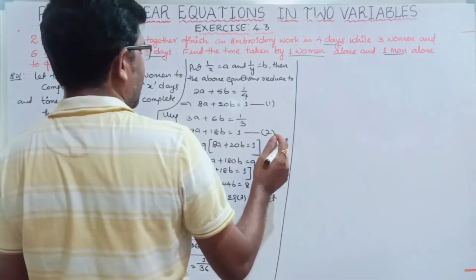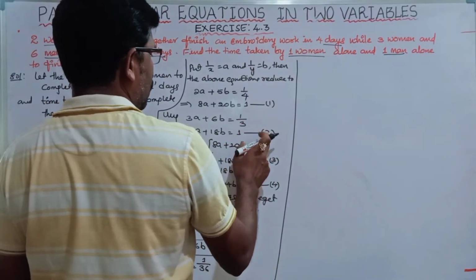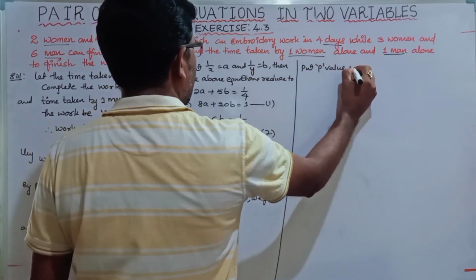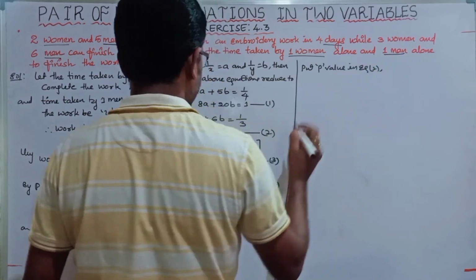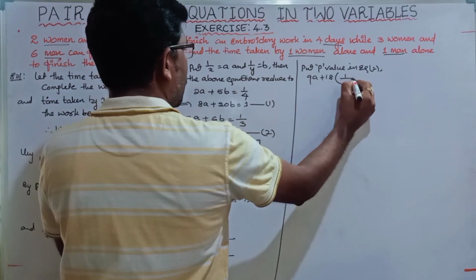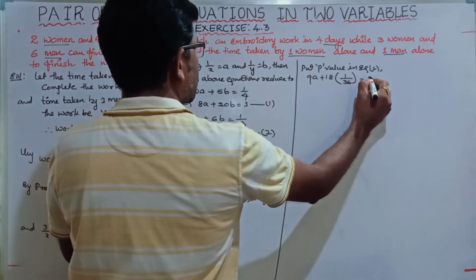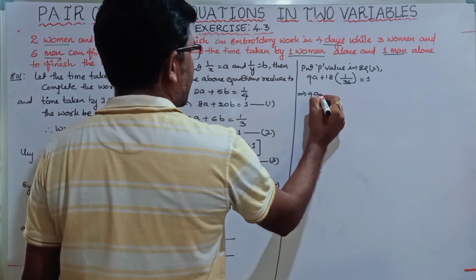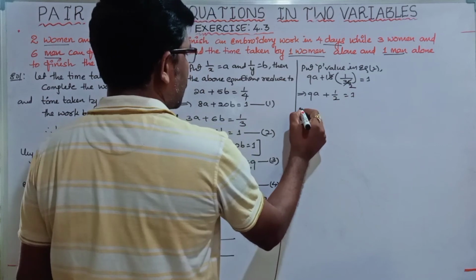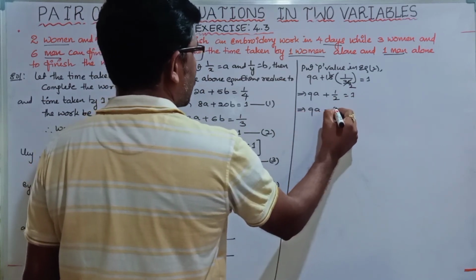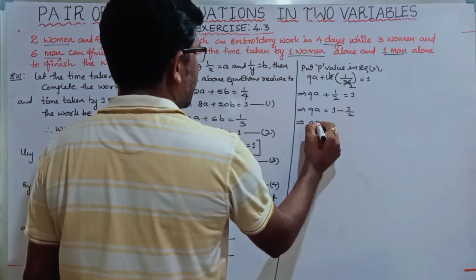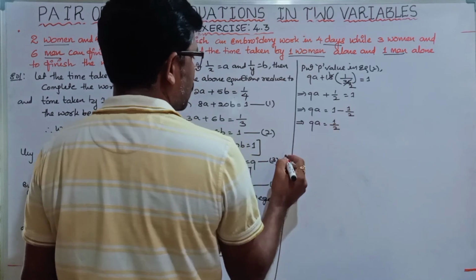Put b value in equation 2. 9a plus 18 into 1 by 36 is equals to 1. It implies 9a plus 1 by 2 is equals to 1. It implies 9a is equals to 1 minus 1 by 2. It implies 9a is equals to 1 by 2.